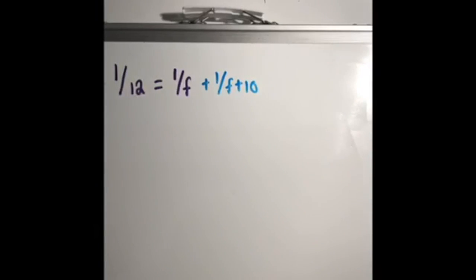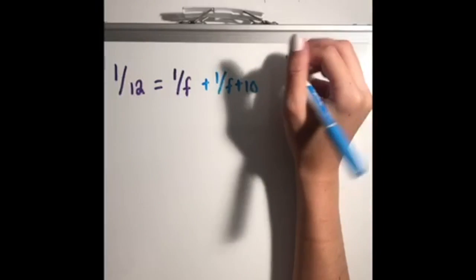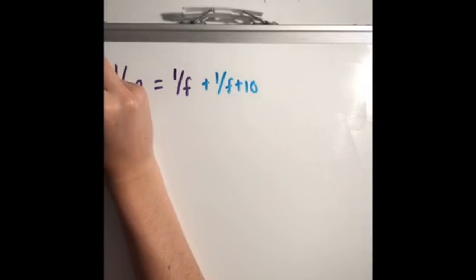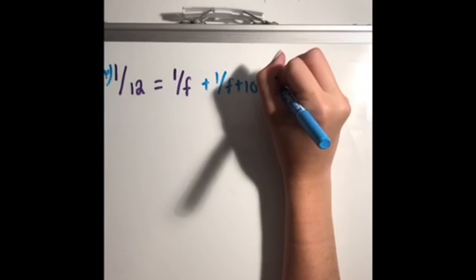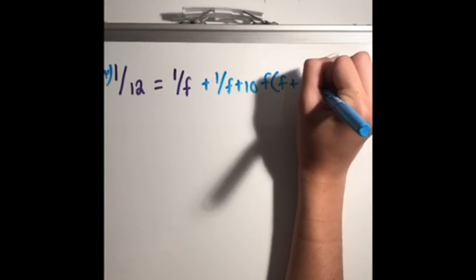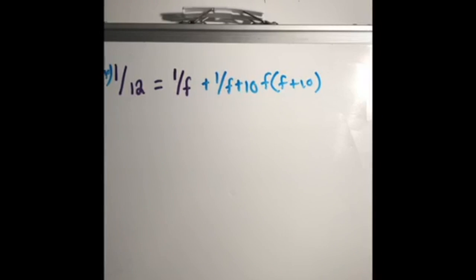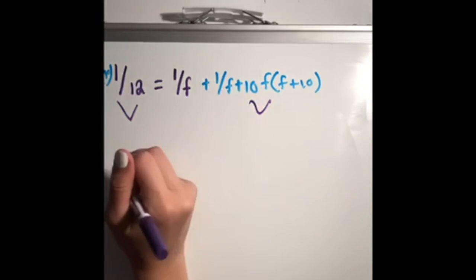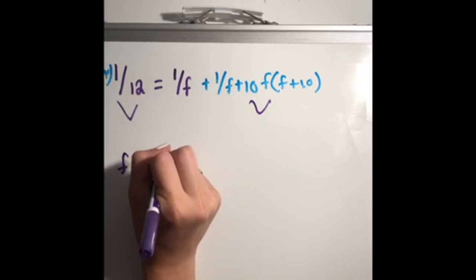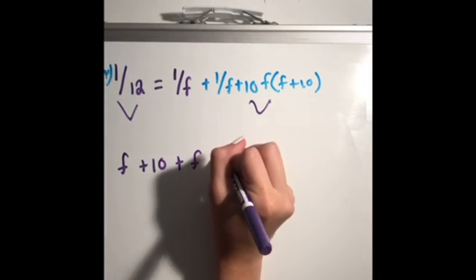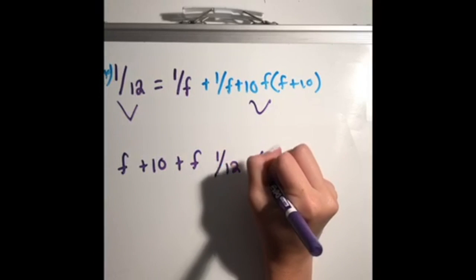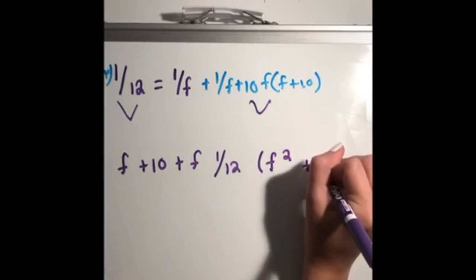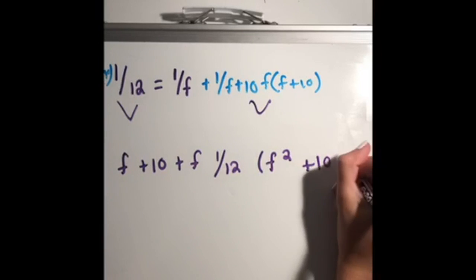We are now going to multiply both sides of the equation by f and by f plus 10. And this will lead us with our new equation. So after solving it out, we will get f plus 10 plus f, times 1/12, equals f squared plus 10f.